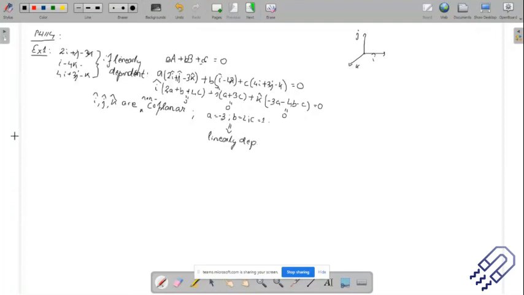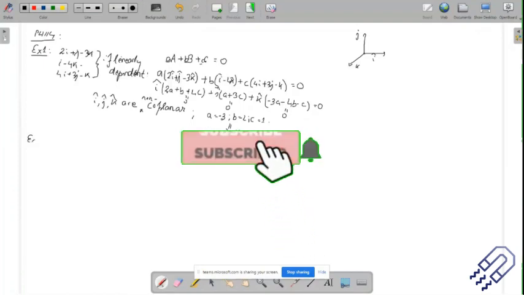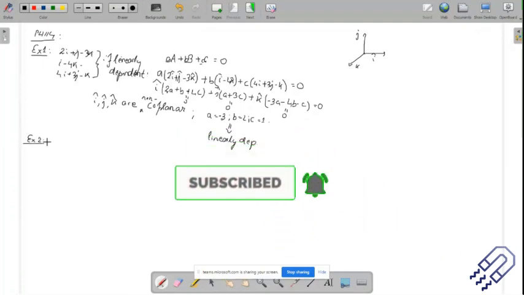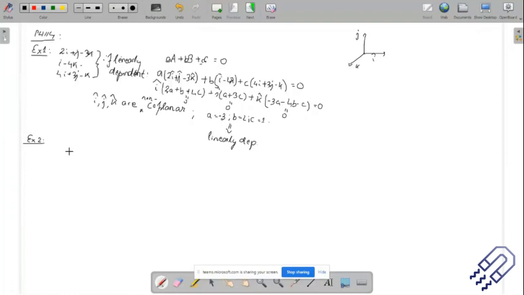Okay, so let's take one example where we actually want to show whether it is linearly independent or not. In general, let's say we have got a vector ai plus bj plus ck and so on. a1, a2, a3 may be the coefficients of i, j and k.